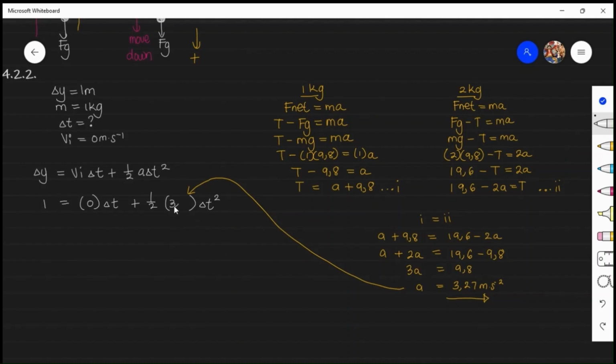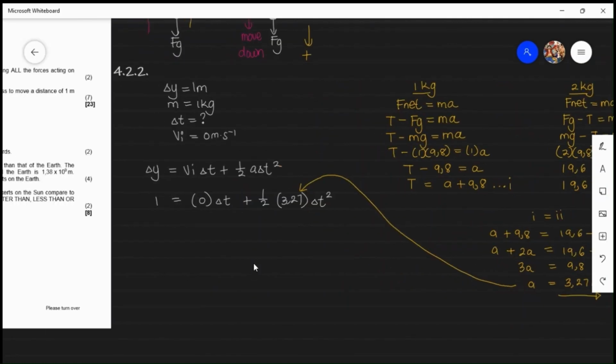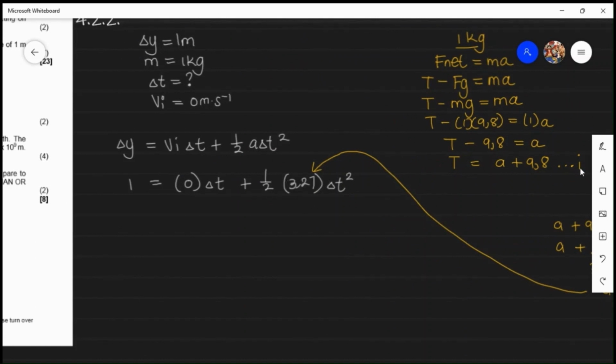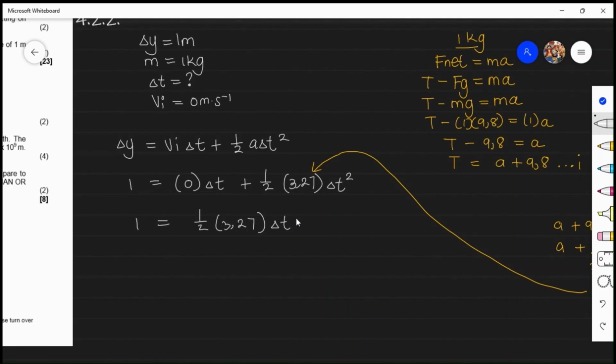So we're going to substitute 3,27, and that is going to give us 1 equals a half into 3,27 delta t squared. From here we can multiply a half times 3,27, and that is then going to give us 1,635 delta t squared.